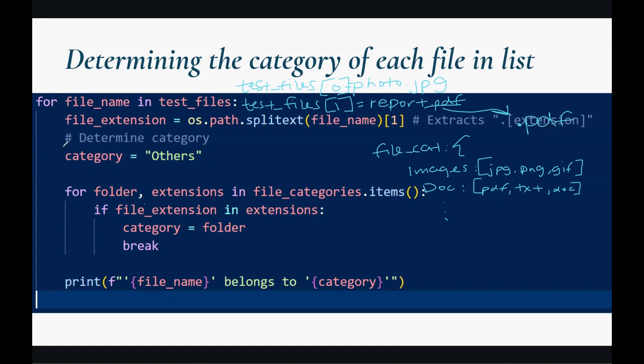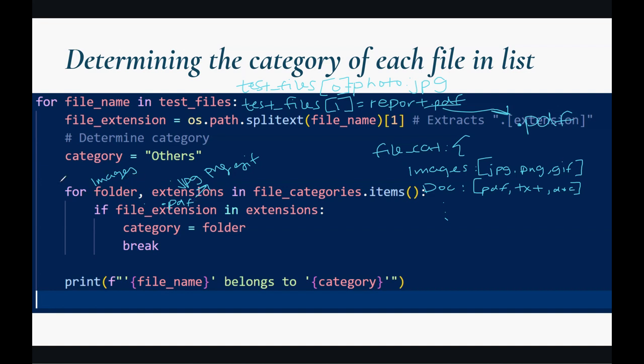We give the default category others, and then we start looping through our file categories again. We always start with images because that's the first item in the dictionary. We check the extensions of images. So we are checking, okay, is PDF in our list of extensions for images?